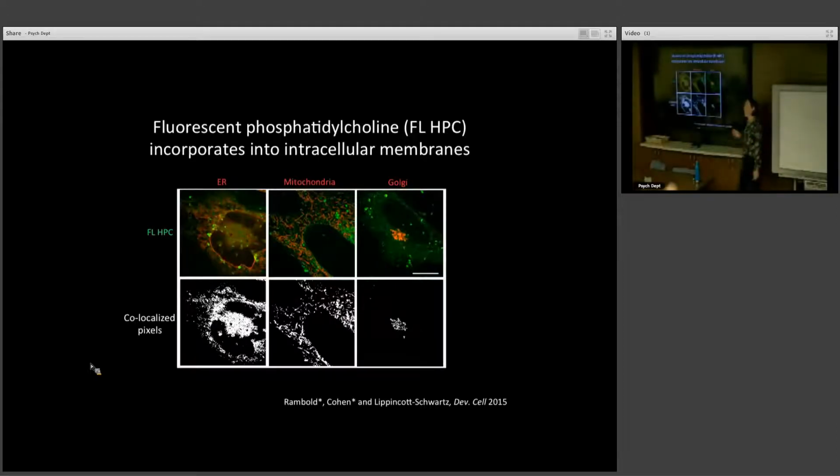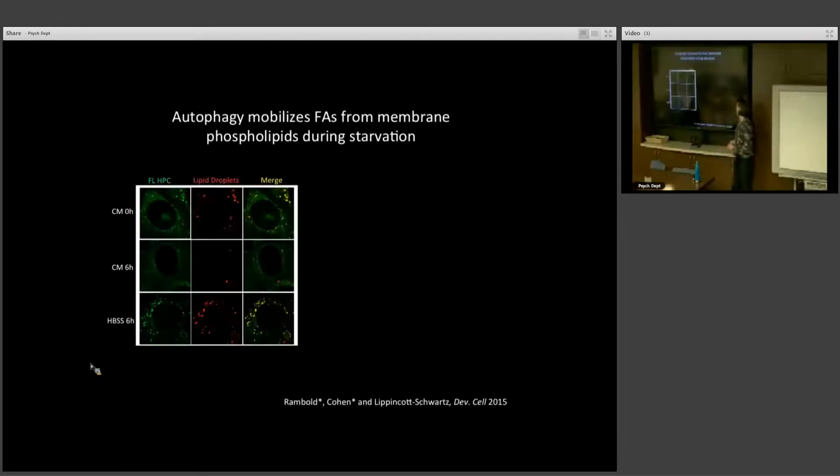Initially, after pulsing this into cells, it accumulates in a number of different membranes, including the ER, the mitochondria, and the Golgi. And then if we chase in complete medium, the distribution doesn't really change. It's staying in the membranes. But if we starve the cells, now the signal from that fatty acid within the phospholipid is ending up in lipid droplets.